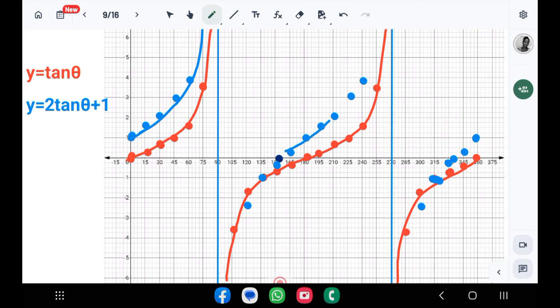Here is where the graph meets. The graphs meet at 135. Okay, over here.